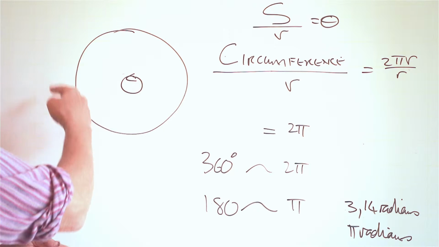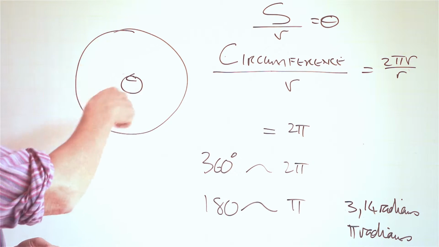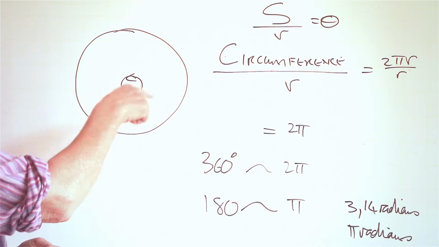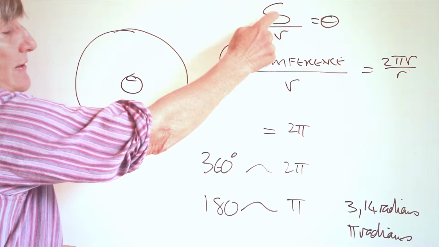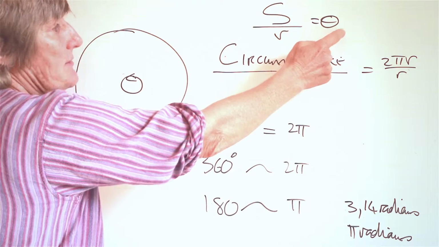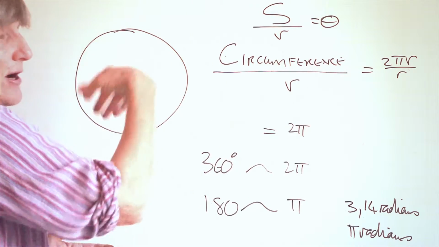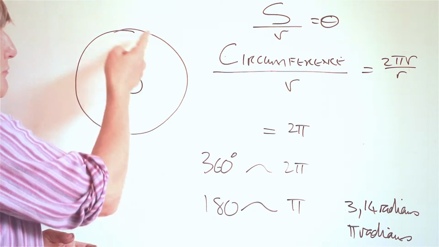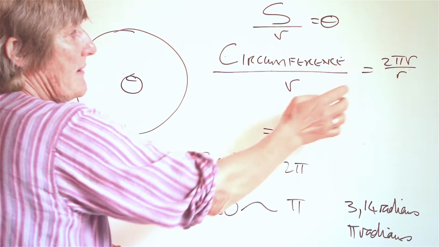This is a circle, you did that at school, and everybody remembers a circle, it's a full revolution, so it's 360 degrees. So we saw that S, the length of the arc, divided by the radius of the circle is in radians. It was 1 radian or 2 radians or 3 radians, depending on how big the S was. Now if we go around the circle, the circumference of the circle is 2 pi r.